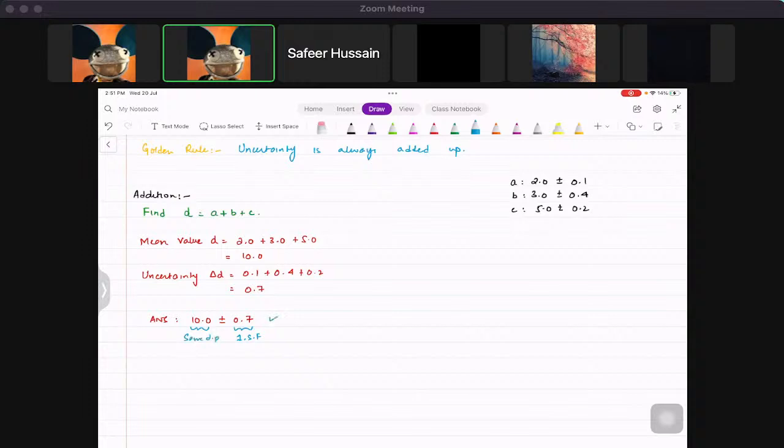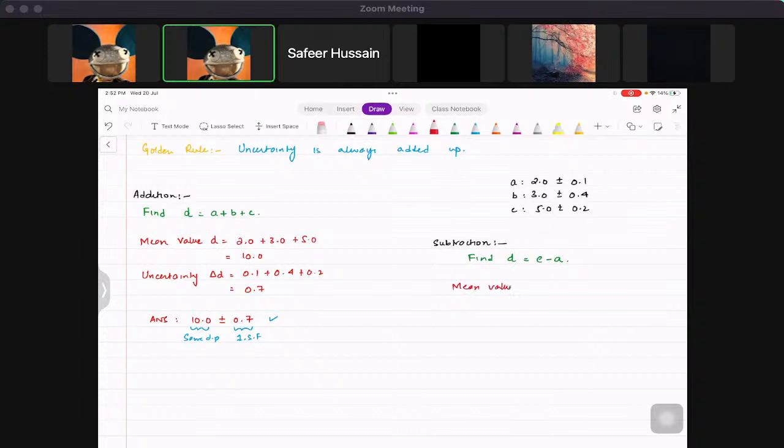Now let's do subtraction. Suppose now they have said find D equals C minus A. What you do is find the mean value first.